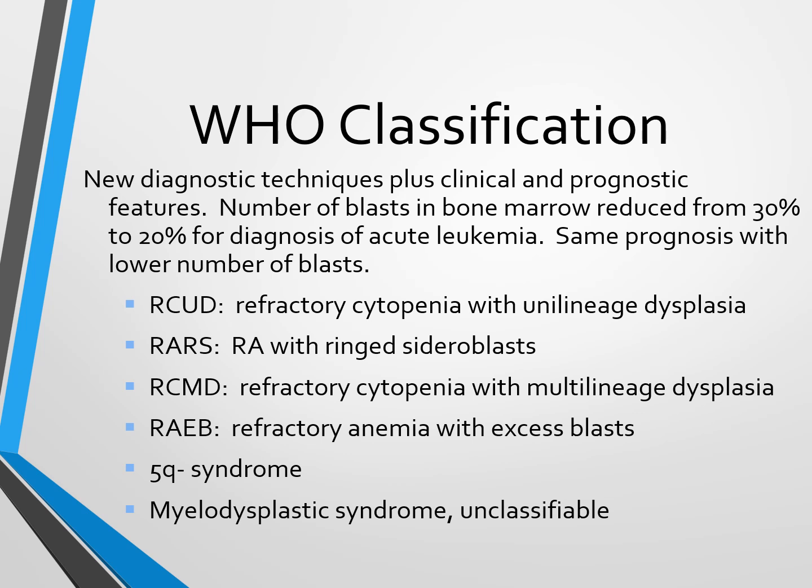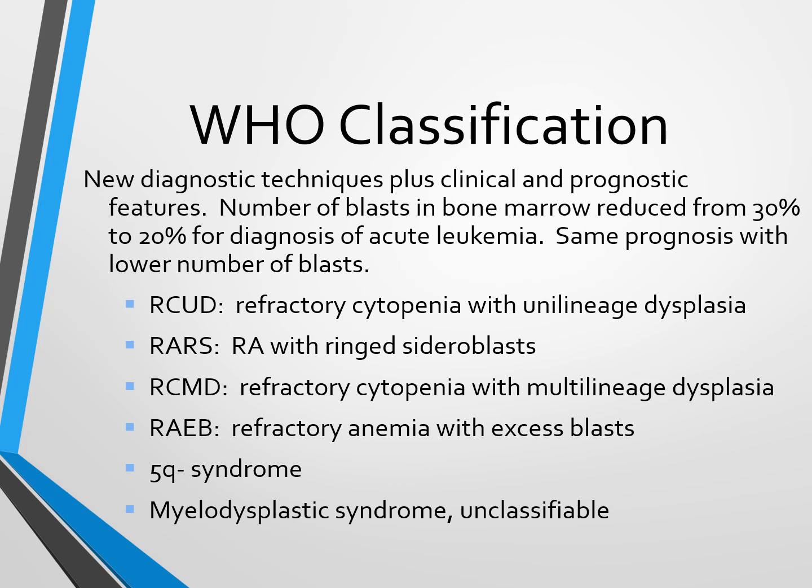We are going to look at those categories with the World Health Organization and break it down into a few different areas. So we're going to have the RCUD, which is that refractory cytopenia with unilineage dysplasia. So refractory cytopenia with one line, and then we're going to have refractory anemia with ringed sideroblasts. That one is kind of the same as our FAB classification.